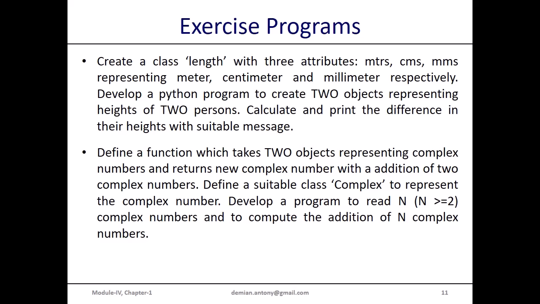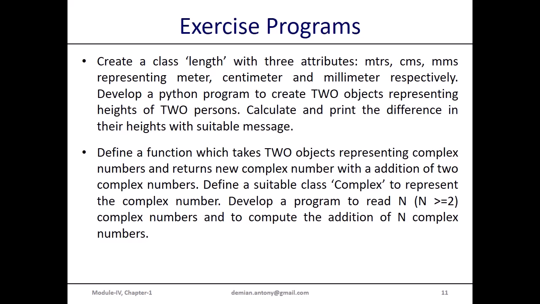The second program requires a function to be defined which takes two objects representing complex numbers and returns a new complex number by adding these two complex numbers. A complex number normally takes two parts, the real part and the imaginary part.